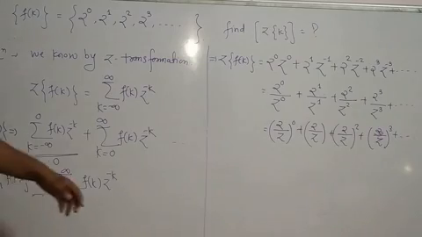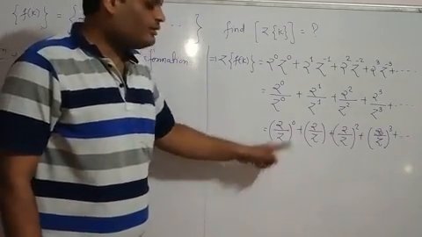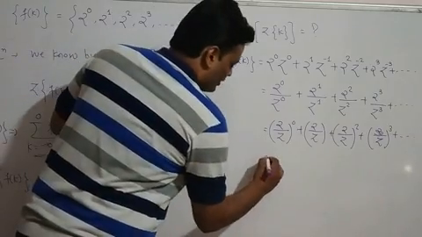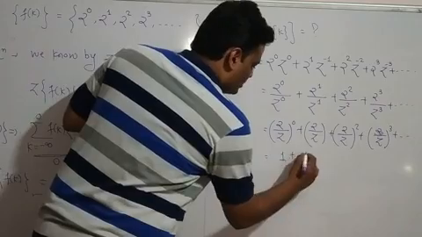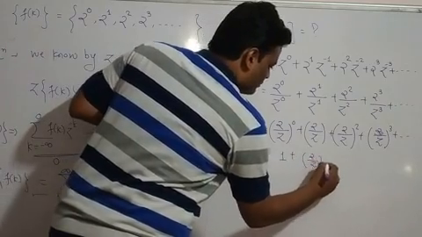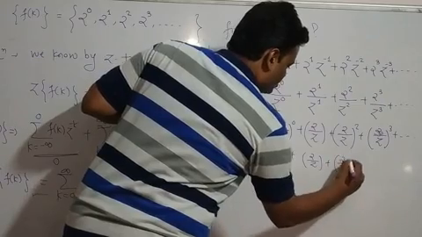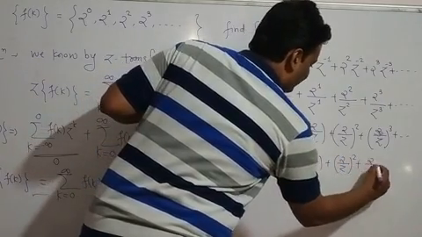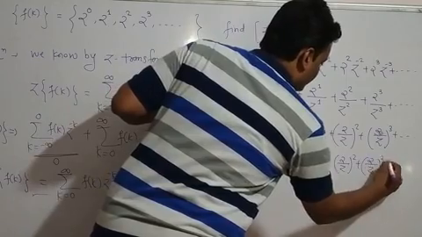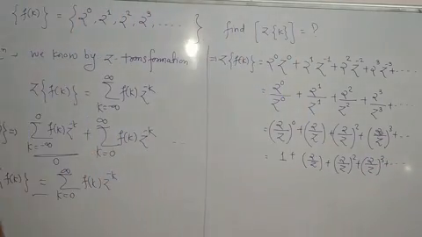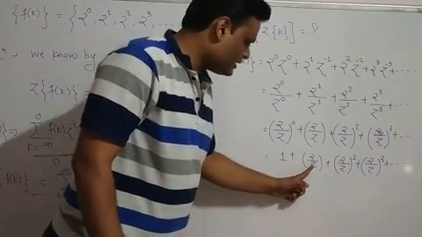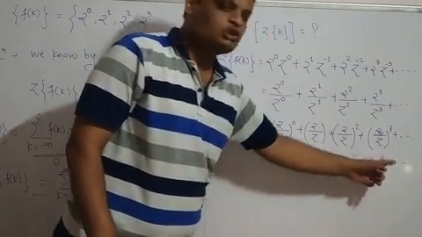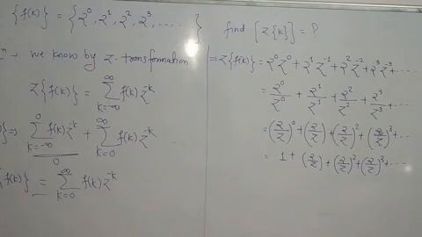Now what is the value of (2 by z) raised to 0? It is 1, because anything raised to 0 is 1. So you have 1 plus 2 by z plus (2 by z) square plus (2 by z) cube and so on. Now if you compare this sequence with 1 plus x plus x square plus x cube, which we have noted before this question, what is the value of x over here? This is x.